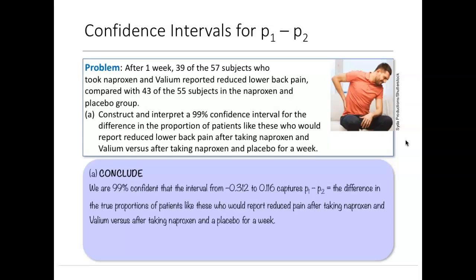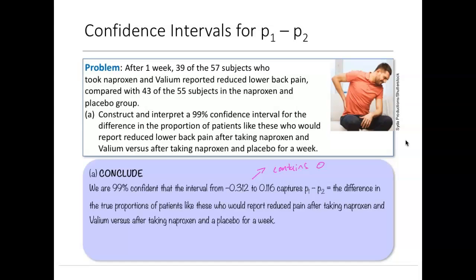So specifically, this interval contains 0, right? And remember what a confidence interval is. It's basically an interval of plausible values of the parameter of interest. Meaning, it's plausible that there is no difference between the placebo group and the treatment group, right? Between Valium and placebo. So if it's plausible that there is no difference, then no, we can't conclude that Valium is helping, right?